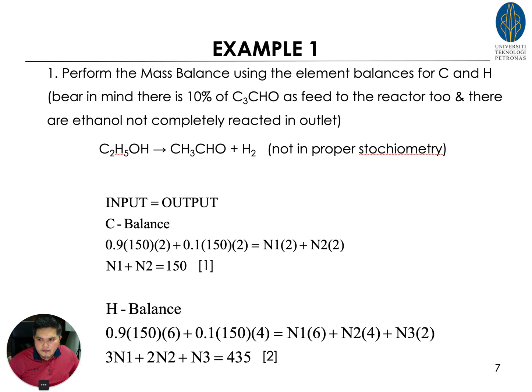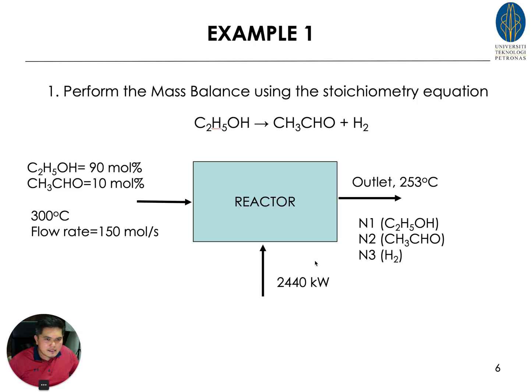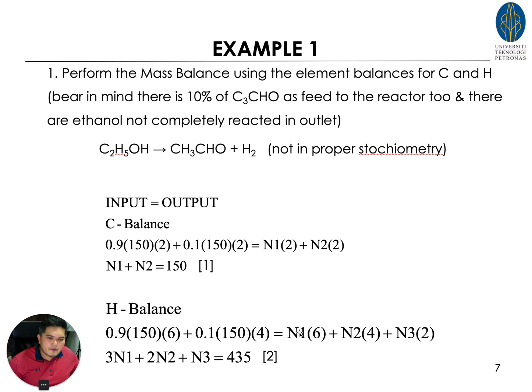If you remember from the previous slides, N1 is ethanol, N2 is acetaldehyde, and N3 is hydrogen. So N1 ethanol has 6 hydrogen atoms, acetaldehyde has 4, and hydrogen has 2. Simplifying further, we get the equation 3N1 plus 2N2 plus N3 equals 435. So this is equation 2.